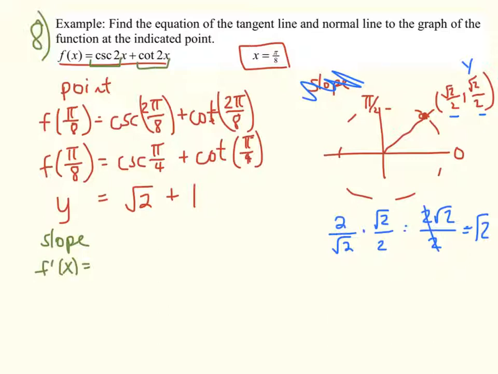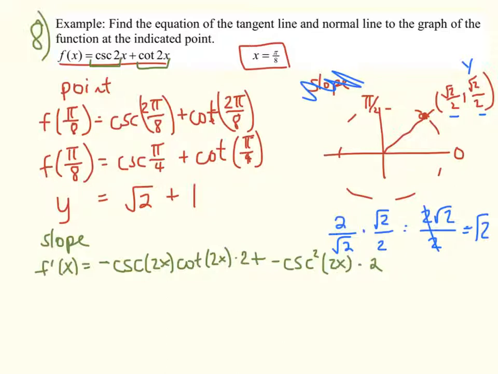So the derivative of cosecant is negative cosecant of the angle, cotangent of the angle, times the derivative of the angle, plus the derivative of cotangent, which is negative cosecant squared of the angle times the derivative of the angle.